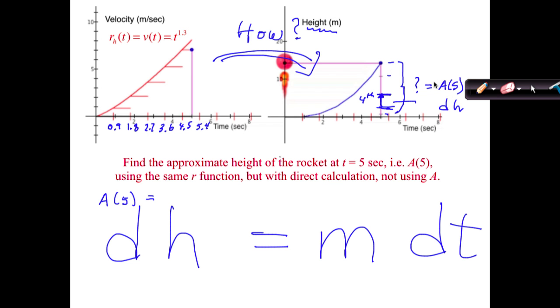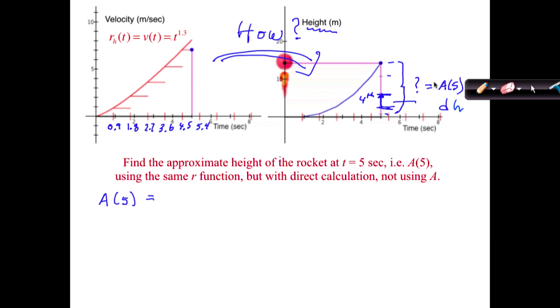I'm not looking for a numerical answer. Just an expression that represents how much the height changed in the fourth interval. Veronica, what is it? R sub h of 4.5?